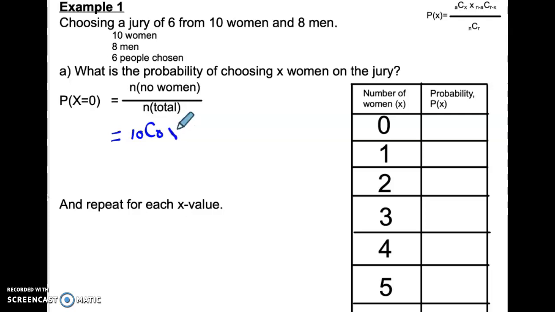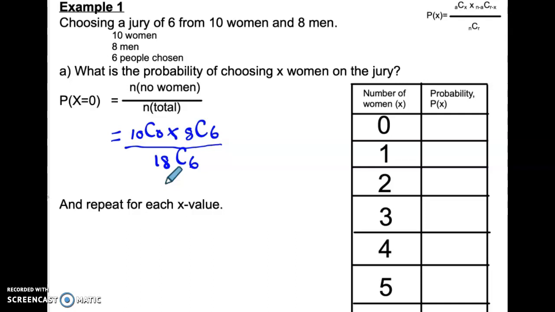If there's no women, that means all 6 jurors have to be men. So there are 8 men, we choose 6. And then that's all over the total number of people, 18, choose the total number of items we need to choose, which is 6.